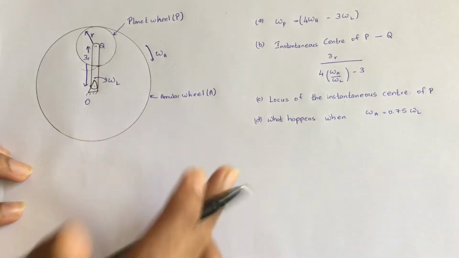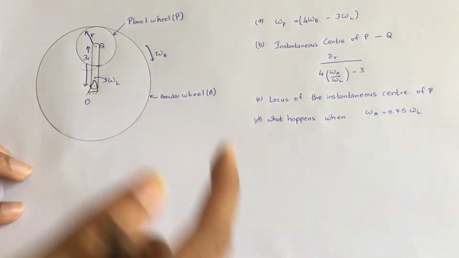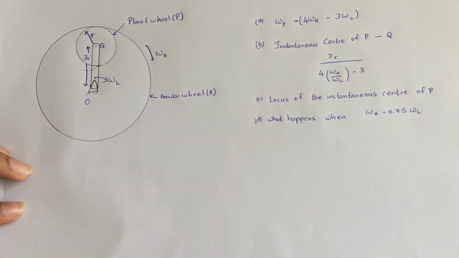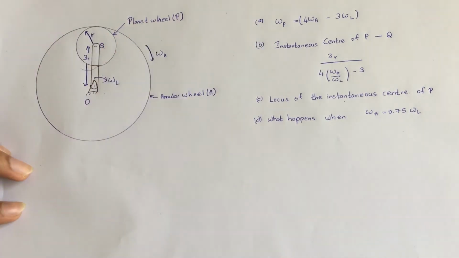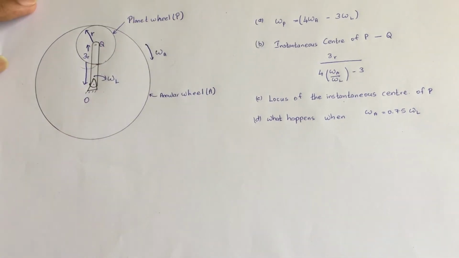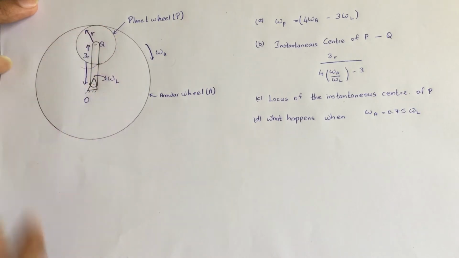As you can see here, the first part asks us to prove that omega P is equal to 4 omega A minus 3 omega L. What is meant by omega P is, as I have already mentioned, we are not giving an angular velocity directly for this planet wheel.